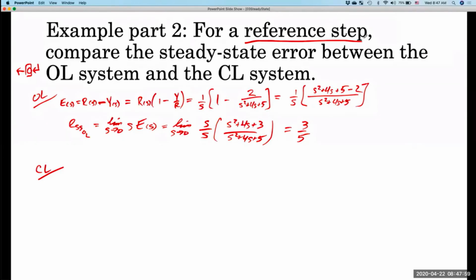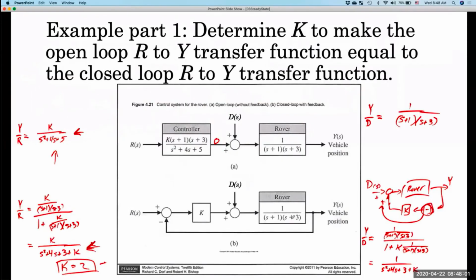2. Try again. None. I see a pole at -1, a pole at -3, end of story. I don't see any poles at the origin here. Right, 0. There are 2 poles, and it's a second order system, but this is a great point, and I'm so glad that someone volunteered the wrong answer, because this drives home the point that the type number and the order of a system are 2 different things.